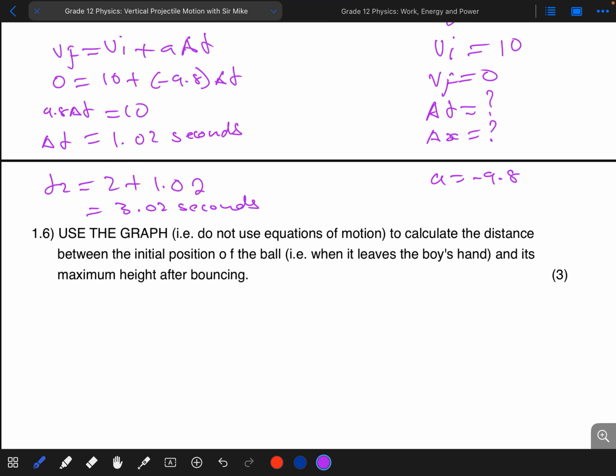Now if we look at 1.6, they say to use the graph. Do not use equations of motion to calculate the distance between the initial position of the ball, which is when it leaves the boy's hand, and its maximum height after bouncing.